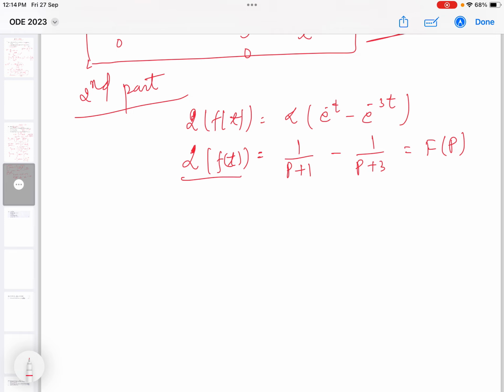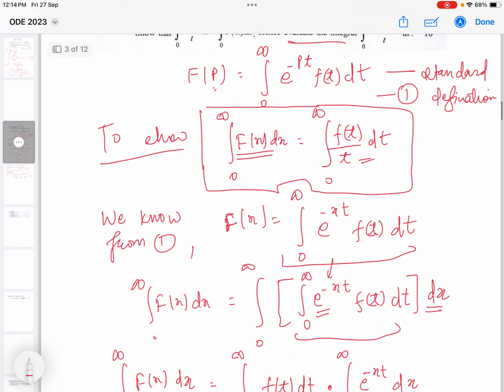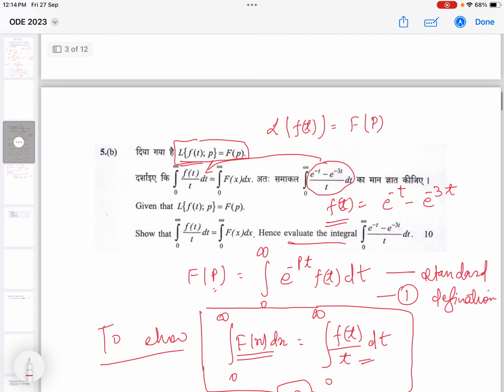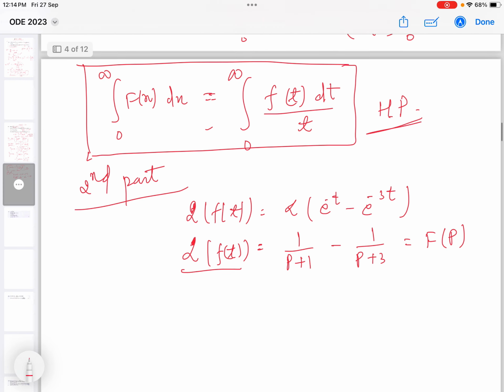Fine. So what we need to do is, we were given this format, and we can convert this format into the RHS from the equation that we have proved previously. So we have capital F of p, which is nothing but the Laplace transform of small f of t.